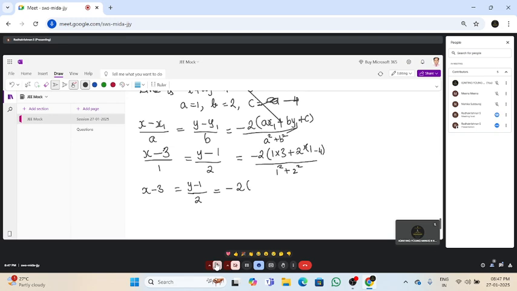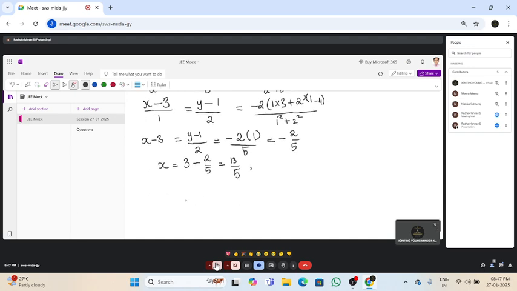3 plus 2, 5 minus 4, 1, right? Three plus 2 minus 4. So x minus 3 equal to minus 2 by 5. So x equal to 3 minus 2 by 5. y minus 1 by 2 equal to minus 2 by 5.